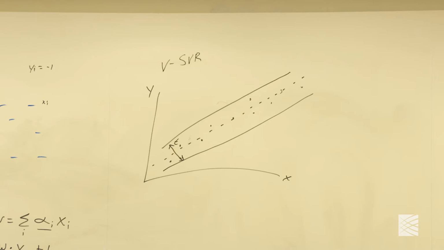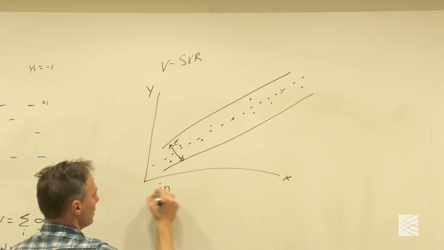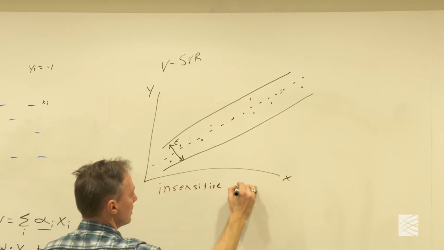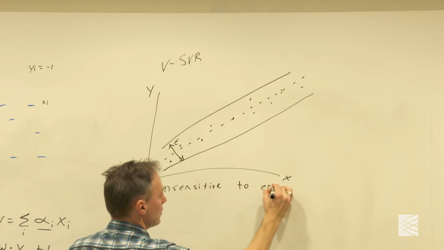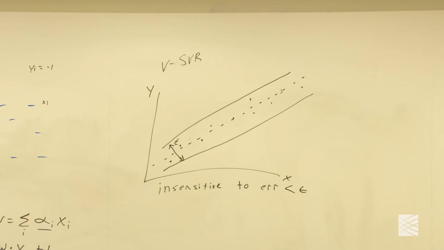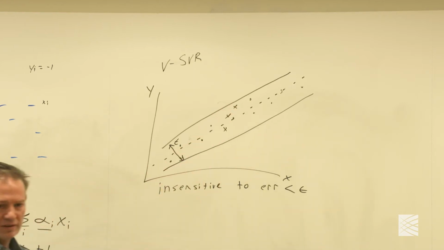So we want a sort of tight regressor. And we're going to be insensitive to errors less than epsilon. So we don't care, as long as we have a data point that lands within the tube, no problem.